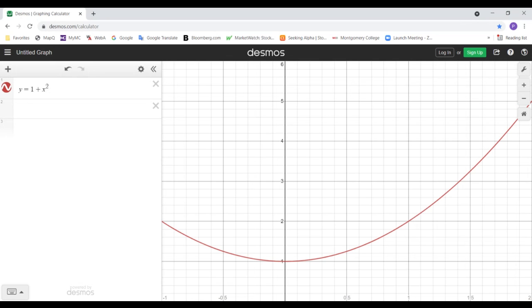Okay. So there's a graph of the function over the interval from -1 to 2. And what would you estimate the average value of the function is?